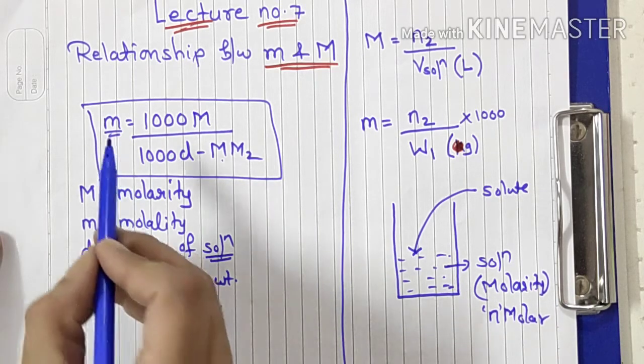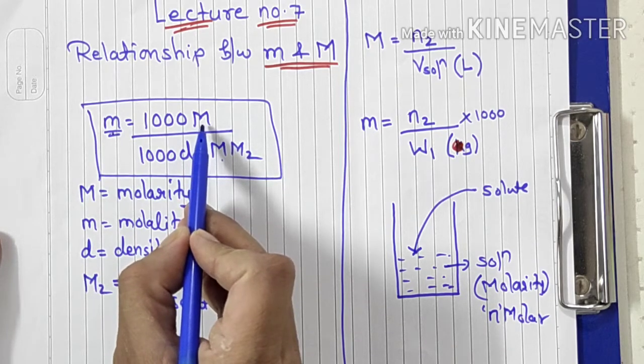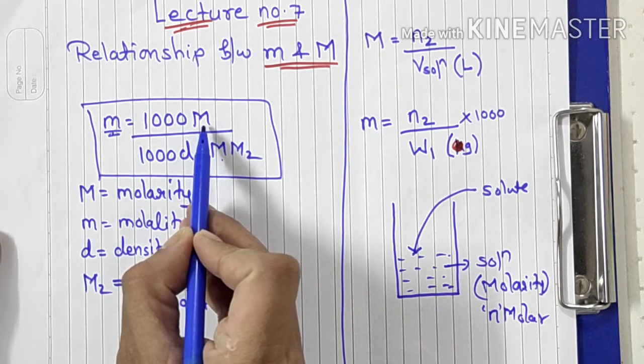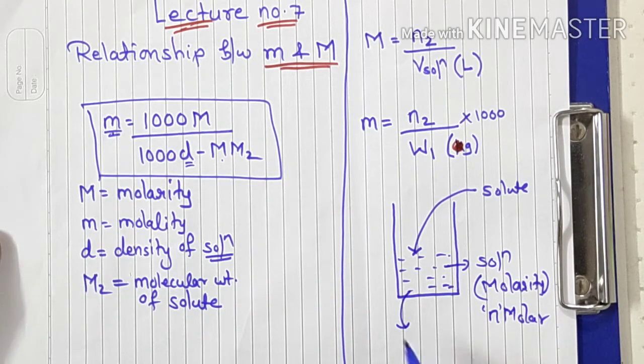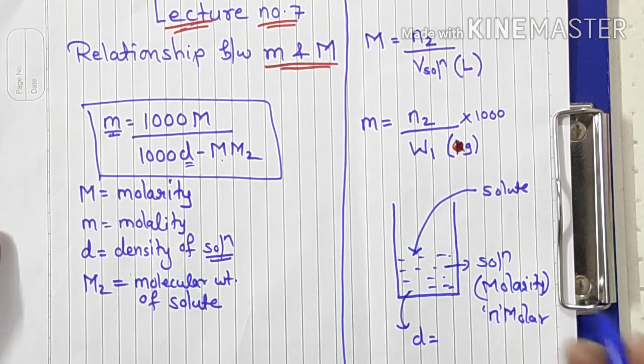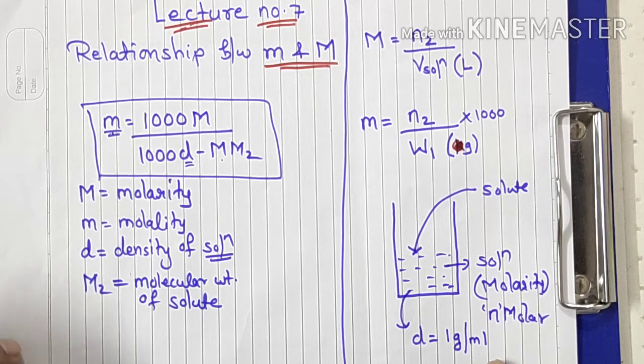Obviously, if I need to find out molality, I should know what is molarity and I should also know what is density, right? Suppose this solution has some density, and let's take it for simplicity, density is 1 gram per ml. Clear?